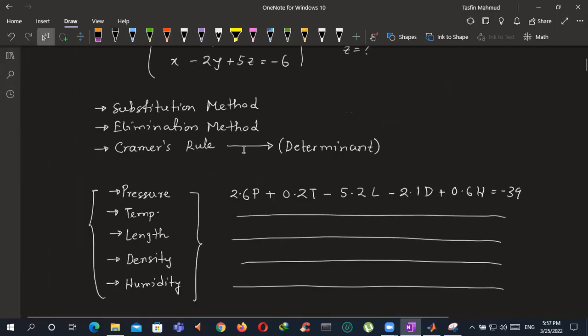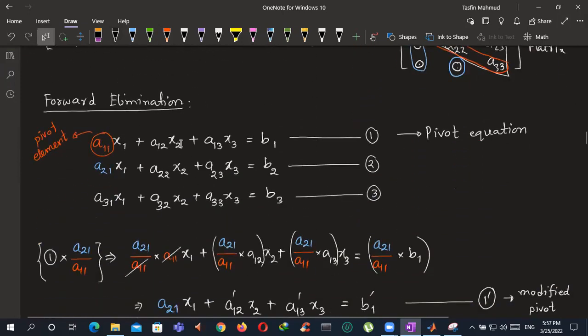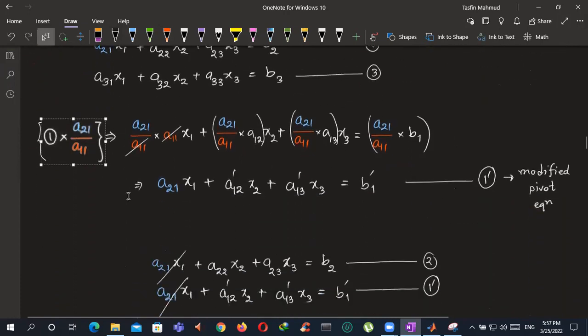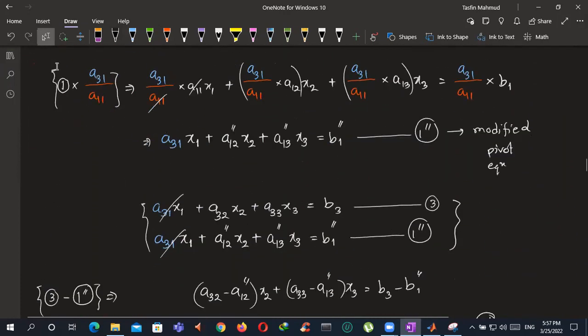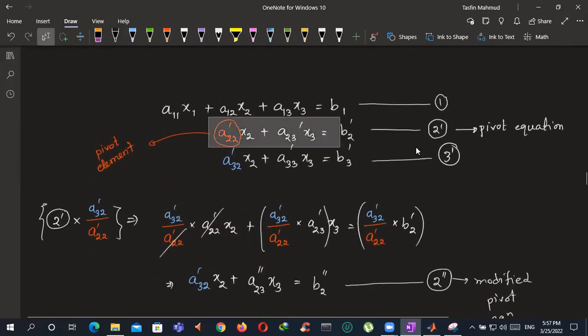If you can recall, in our forward elimination step, we considered the first equation as the pivot equation, and then we considered the second equation as the pivot equation, right?